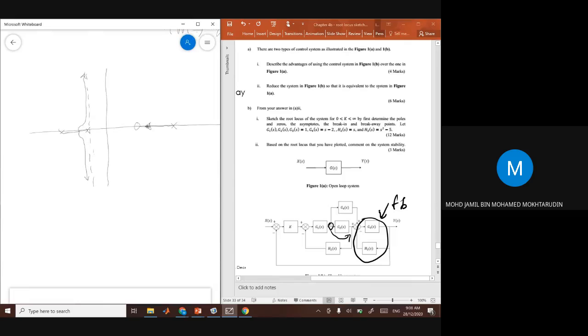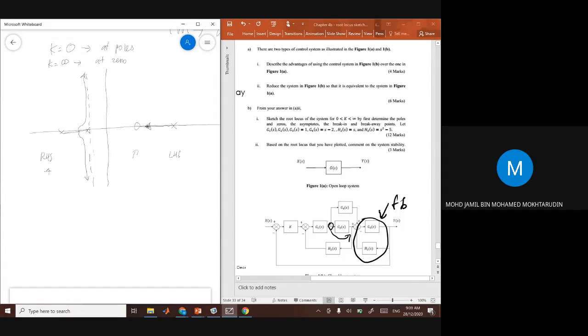So if you look at this root locus, you will realize that at k equals 0, which is at poles, there are 2 poles on the right hand side and 1 pole on the left hand side. And when k equals infinity, which is at zeros, there is 1 zero on the left hand side and 2 zeros at infinity on the right hand side.